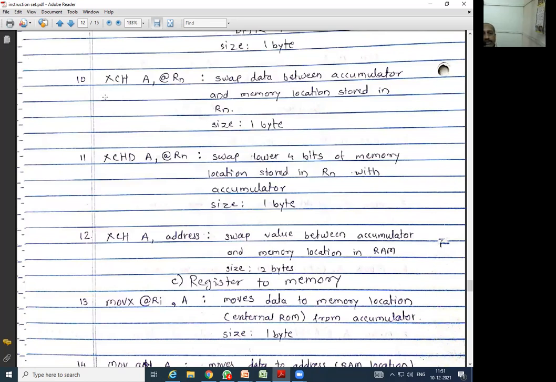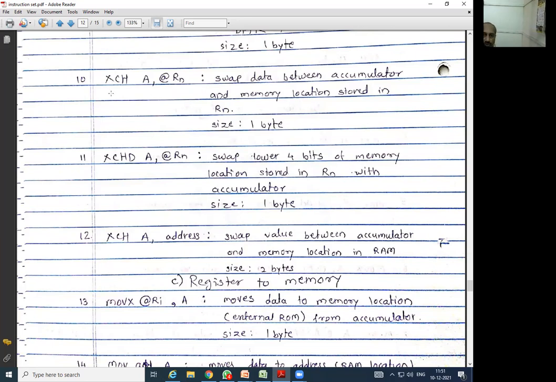Then again the similar, XCH A, @Rn. मग ह्या Rn मध्ये जो ऍड्रेस आहे त्या ऍड्रेसवर जो डेटा आहे तो डेटा आणि अक्युमुलेटरचा डेटा हा स्वॅप केला जातो.